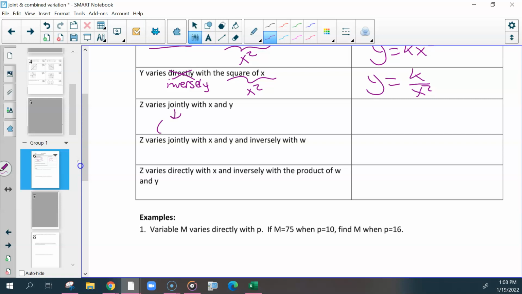So I'm going to put this here so we remember that: directly and jointly are kind of interchangeable, but jointly has more variables. The k is still going to be here, even though it doesn't say that. So this is going to be z equals k times x times y. You're just adding on more variables.